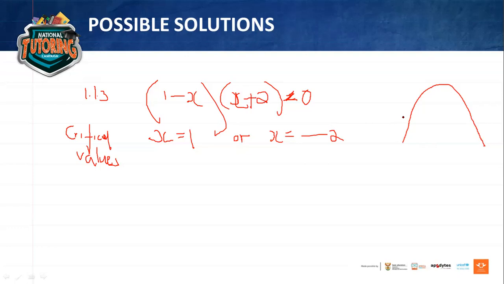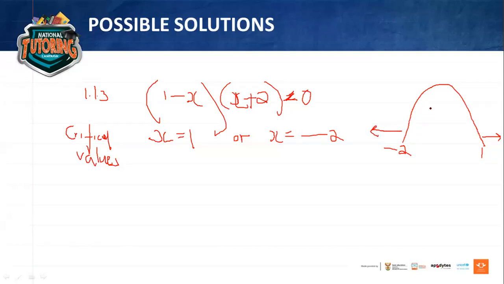Now on this graph you are going to have a -2 on your left, then a +2 on your right. Because they told us this is less than, it means our values are going to go in this direction, and also this direction.